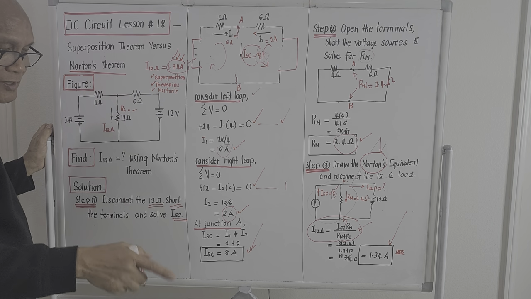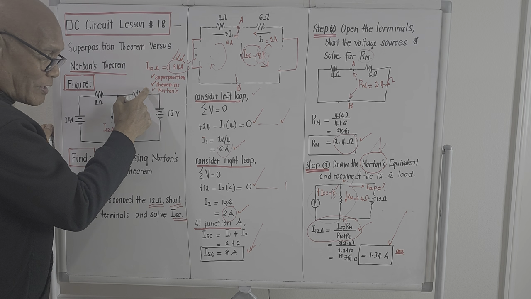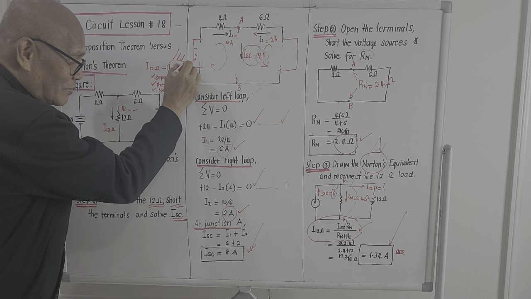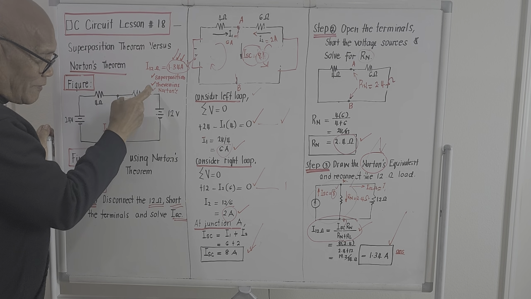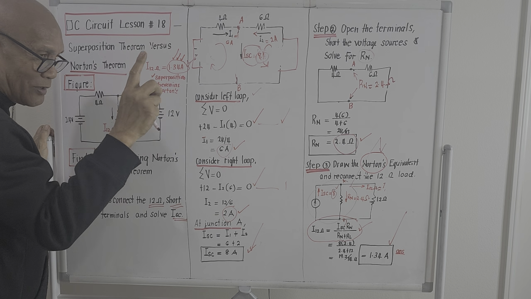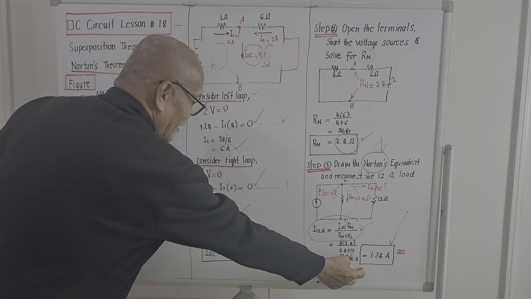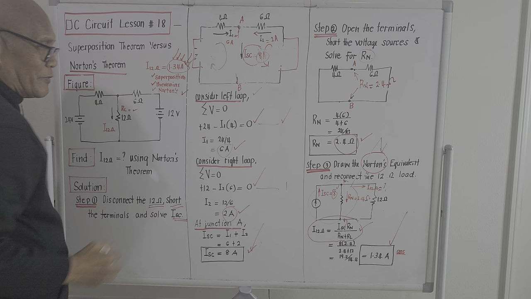And we fact check the superposition answer by using Thevenin's theorem from lesson number 17. It is still 1.34 amperes. And again, we fact check this with Norton's. And again, it came out that the answer is 1.34 amperes. So it is still 1.34 amperes.